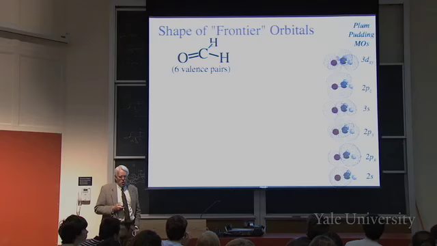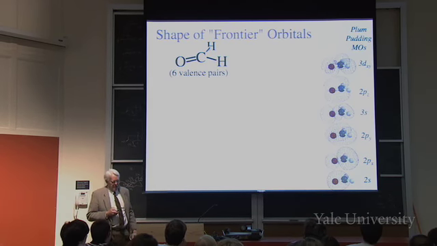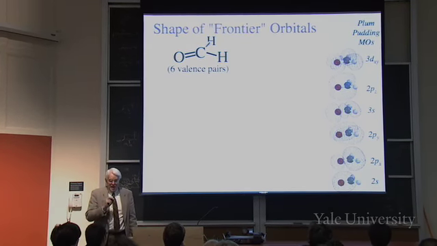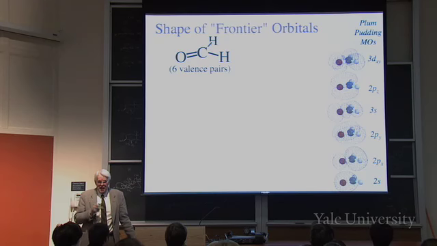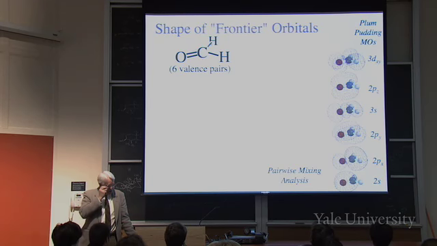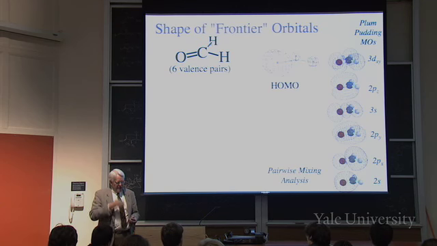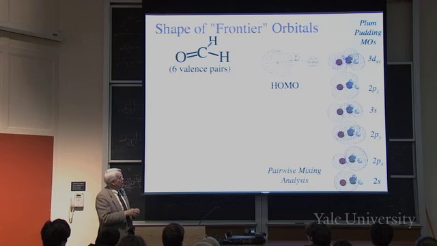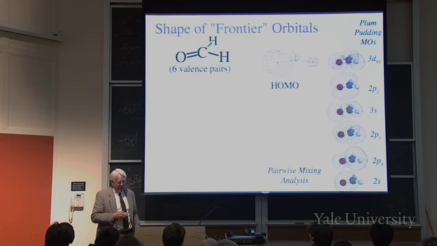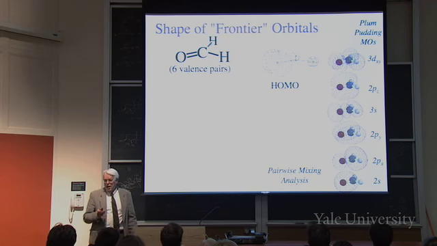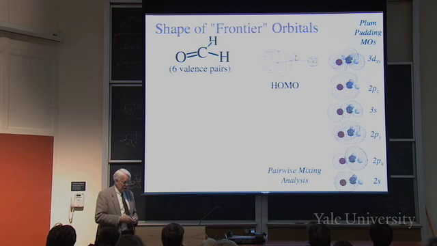But let's look a little more closely at that from the point of view of pairwise interactions. What things interacted with one another to give these? So let's do the kind of pairwise mixing we've been talking about. There's the HOMO, an older style picture of the HOMO, the one that's called 3dxy on the right. And this was based on a different calculation, and it's drawn at a different contour level.